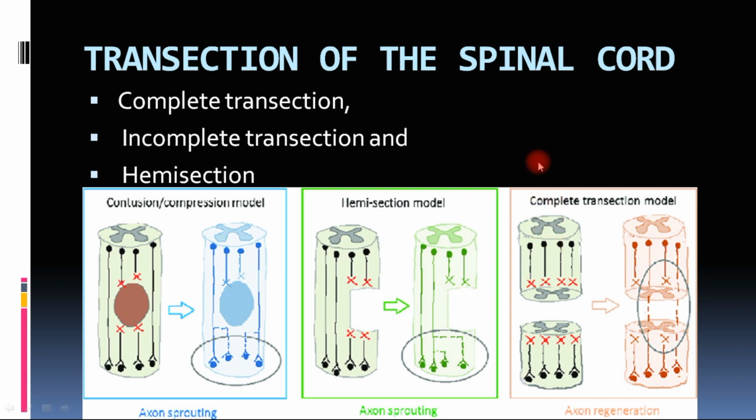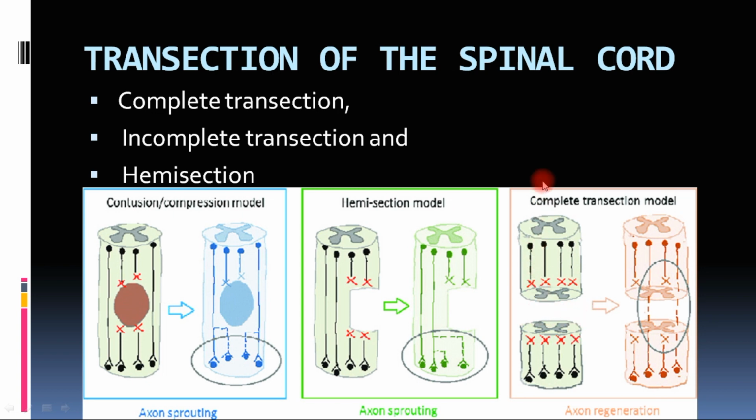Whatever signal is coming from the brain is still intact above the transection level. All the signals are coming, and the signals arising from the sensory system from the periphery are also ascending to the brain. So above the transection level everything is normal. The descending tract signals are coming and the ascending tract is also sending its signal back to the brain. Whereas below the transection level, what is happening?